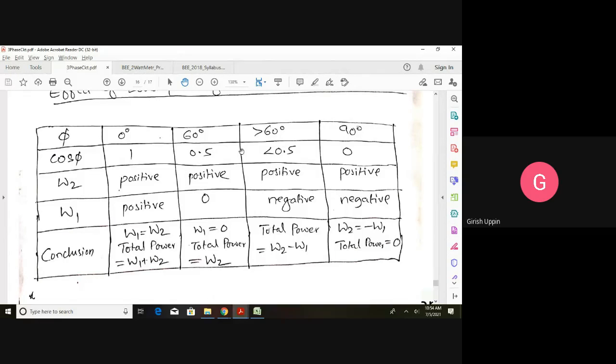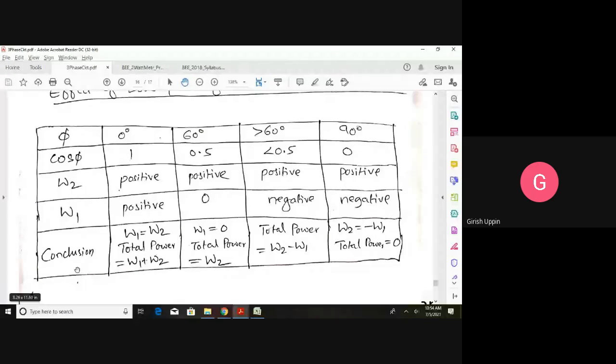When we do this analysis, we find W2 always reads positive. W1 can go positive, 0 or negative. If it is a negative value, I told you the potential coil terminals will be reversed. You switch off the circuit, reverse the potential coil connection, and take the reading, but you take that reading as a negative value.